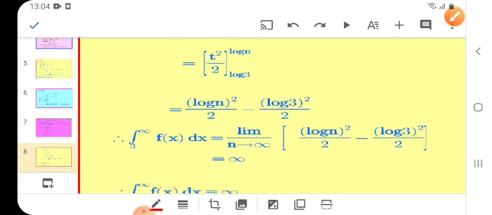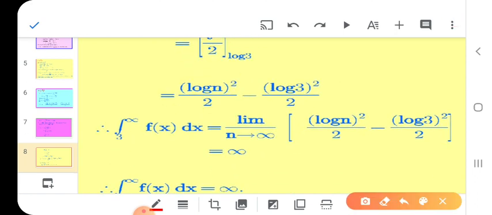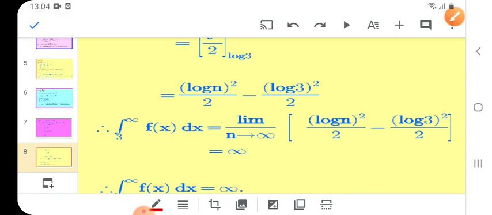This is the value of the integral of f of x dx from 3 to infinity. Now I find the limit as n tends to infinity of this integral value.